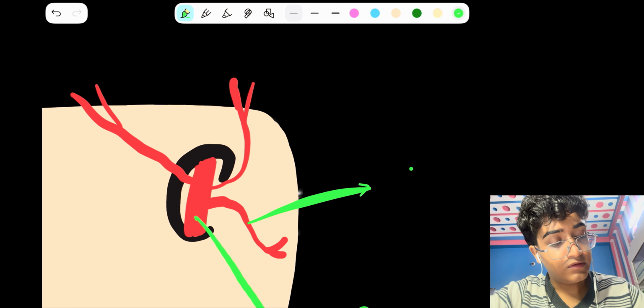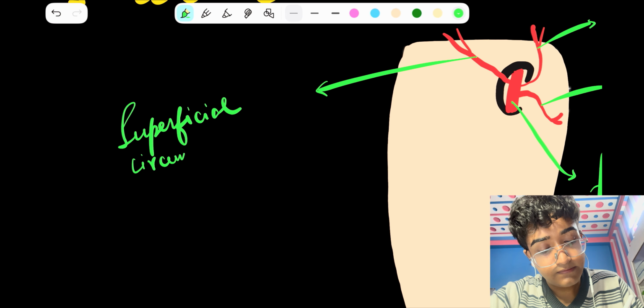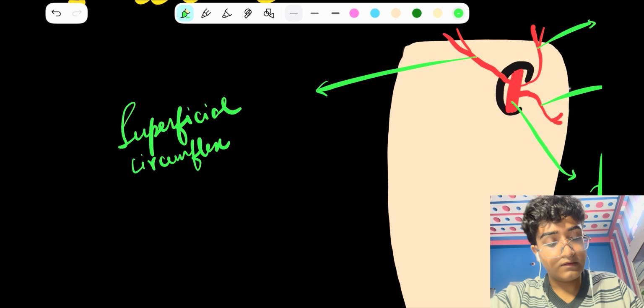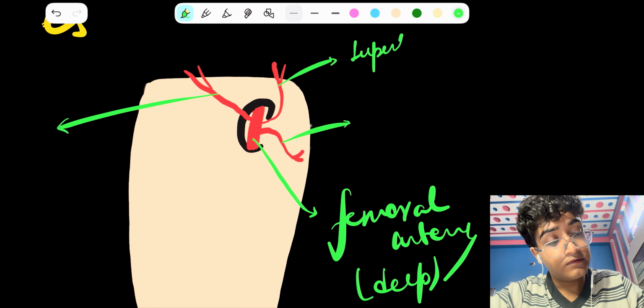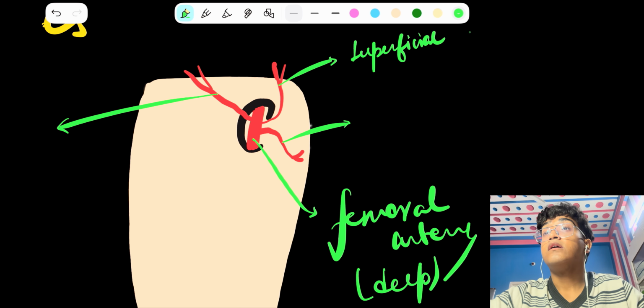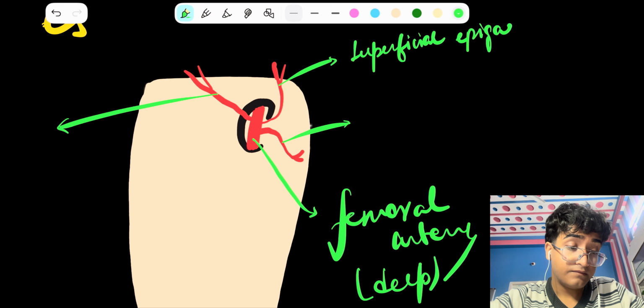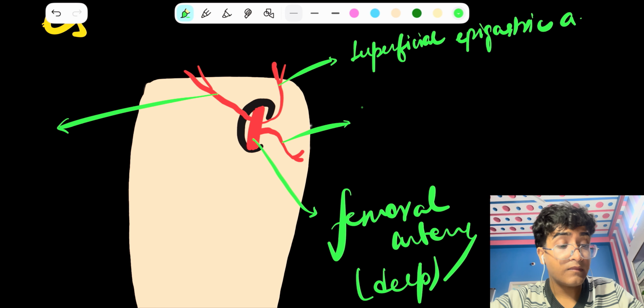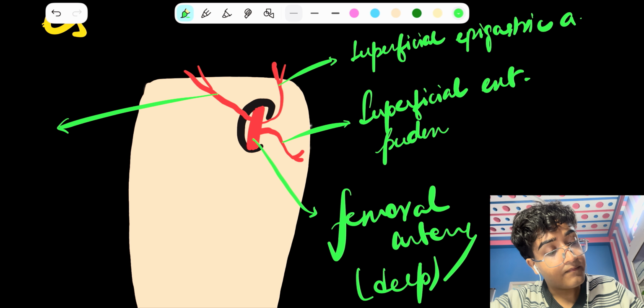This one, the superficial circumflex iliac artery. Then we have the superficial epigastric artery, and we have the superficial external pudendal artery.